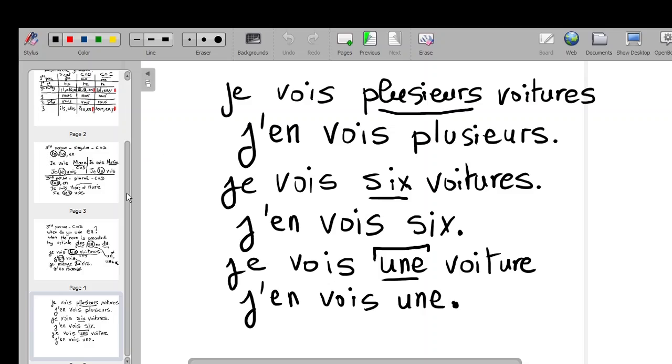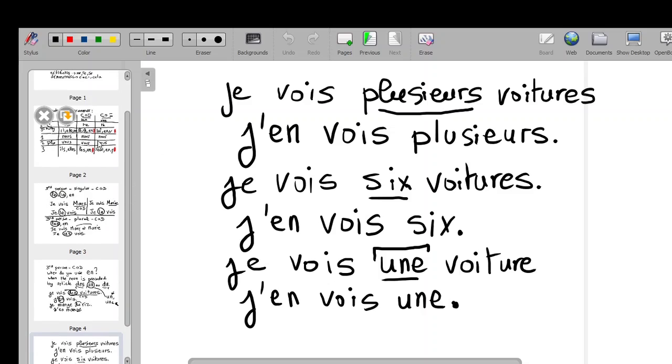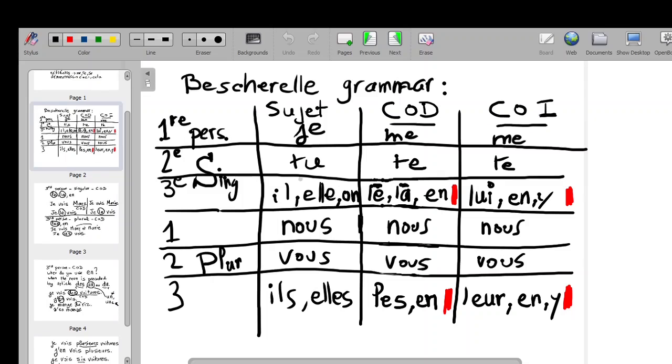So let's go back to that table to see what else we need to look at. We've covered this one and we've covered that one. So now we have to look at COI, complément objet indirect, at the third person. Lui, en, y; leur, en, y.